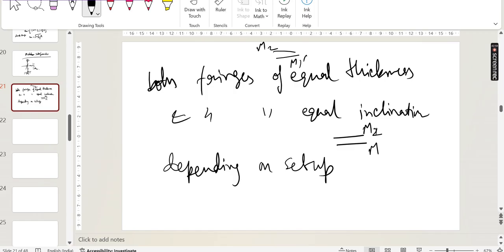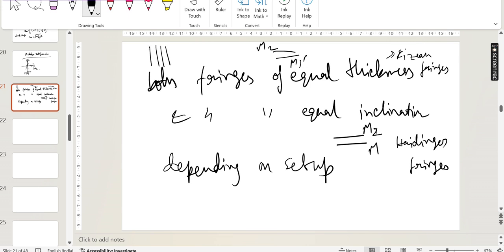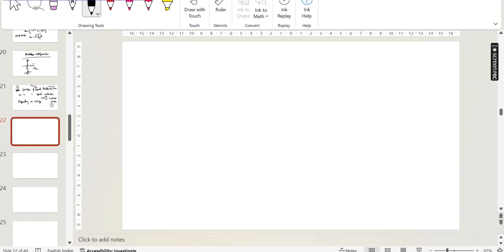For equal inclination, we get circular fringes, and here we get concentric fringes.